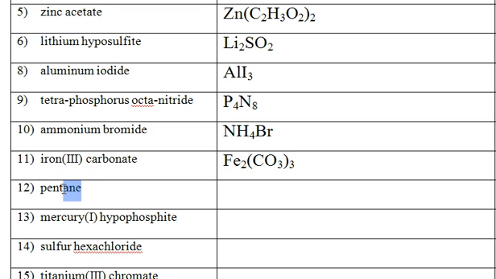Pentane. Notice that we have an ANE ending, which means that I have carbon. It's a carbon-hydrogen compound. If it ends in ANE, that means you have twice as many hydrogens as you do carbons, but we add 2 more. So in this case here, we have pentane, which is 5, the hydrogen, which is twice as many carbons, plus 2.